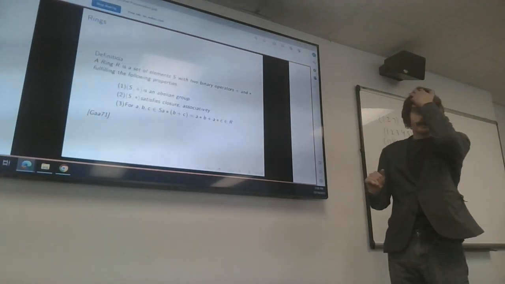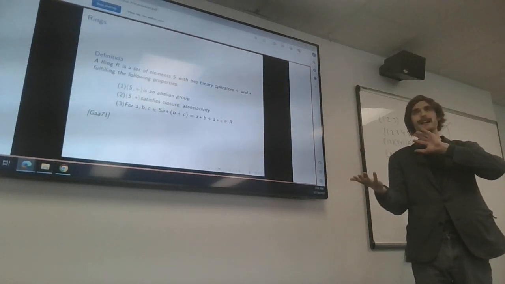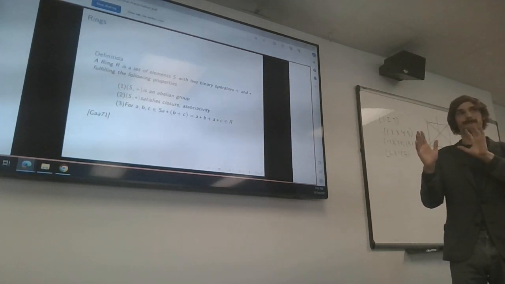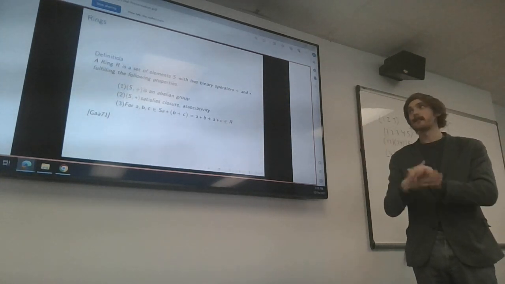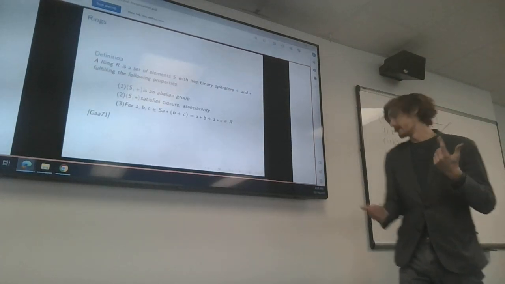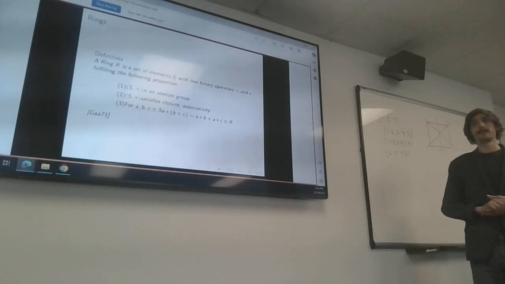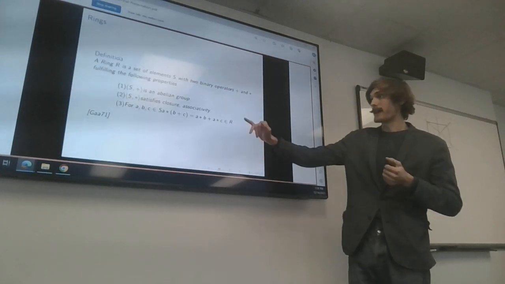Then we have this other idea called rings. Rings are a kind of two pairs of operations combined with a set. You have the operation S plus, and that's an abelian group. You could think about this as just like elementary arithmetic, and then you also have S times.